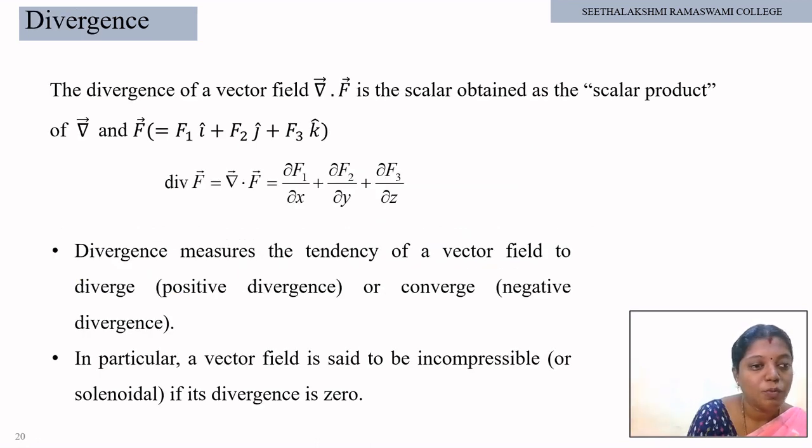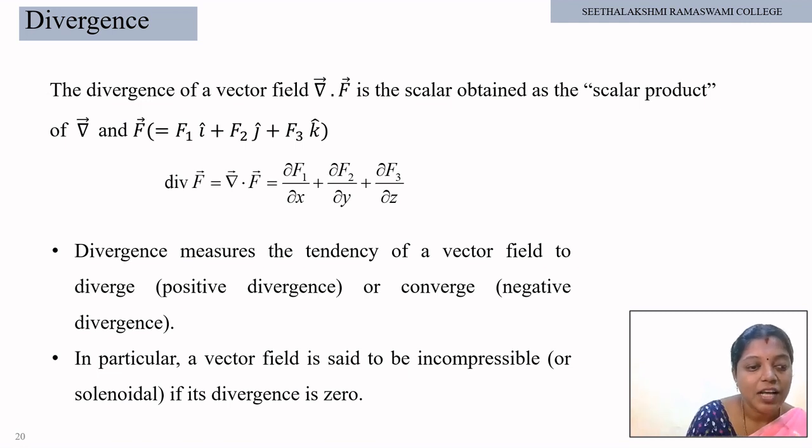So with this, now I move on to the divergence. Divergence, the word itself says why it has been used. It measures how much a vector field diverges or converges from a point. It results in a scalar quantity.